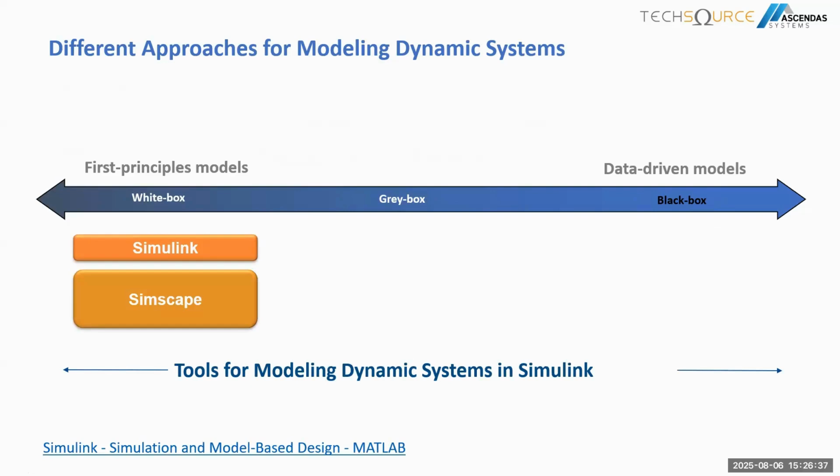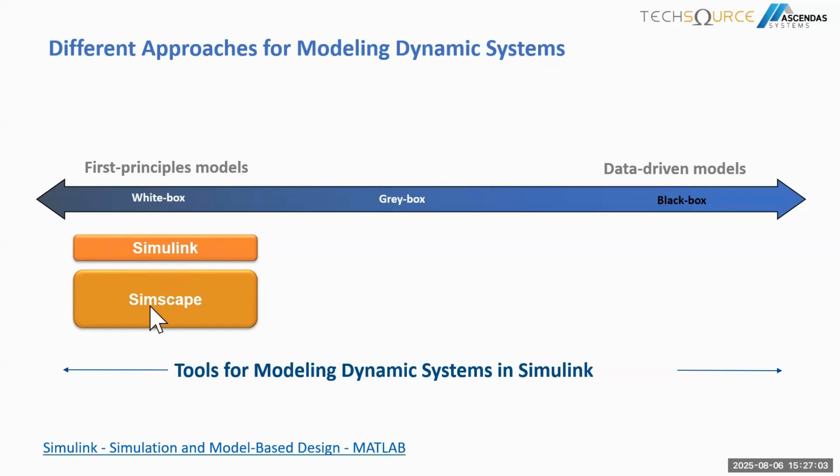It's because we already know the system's equations for your plant or your system model. In this case, we usually use Simulink or Simscape. In Simulink, maybe you have system equations and you want to port them into Simulink itself, then you can use Simulink.